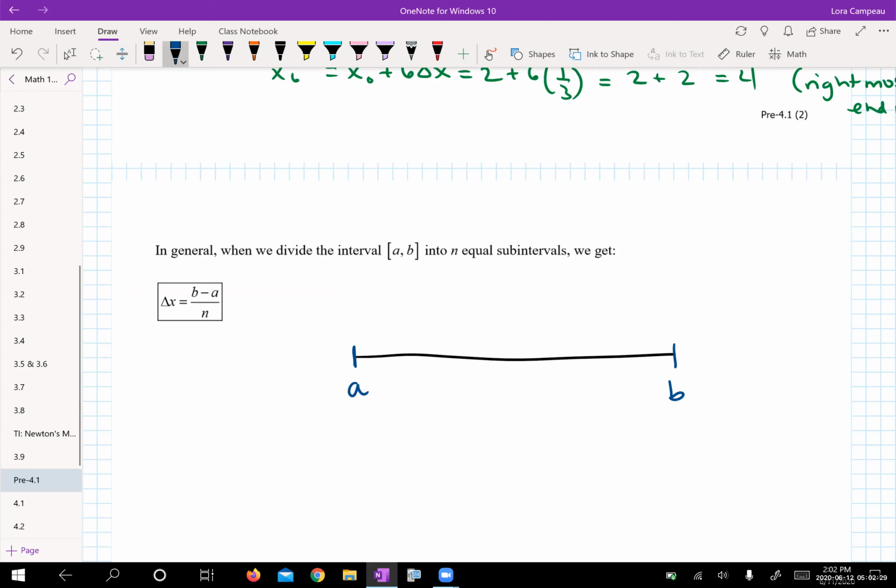And what we want to look at is if you're dividing it into n equal subintervals, that means we really don't know what the size is. What happens is we just keep going. So we know, okay, so far they have to be equal size, and the size of any equal subinterval is delta x.